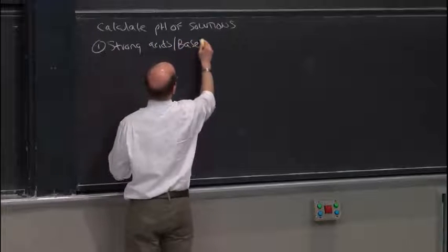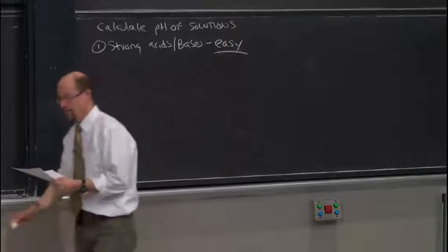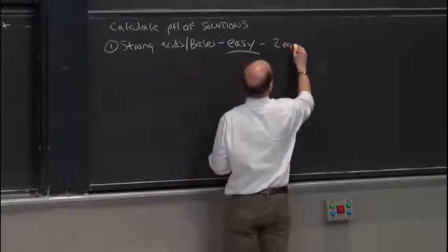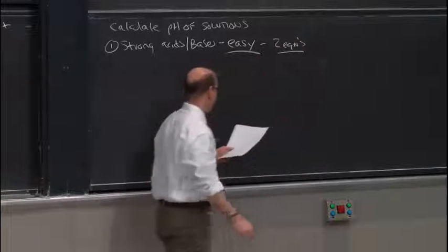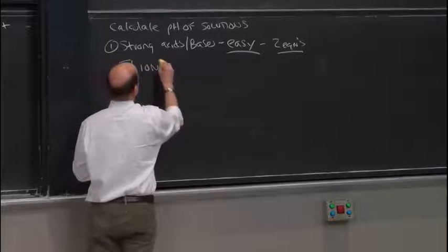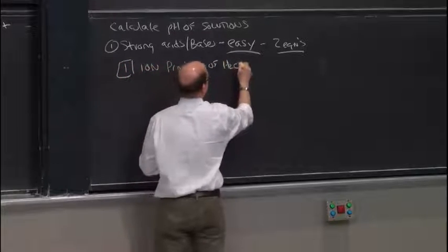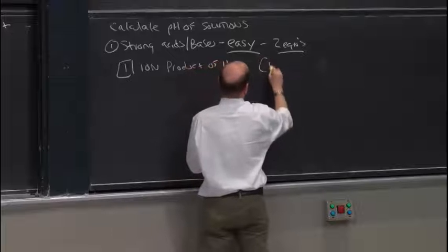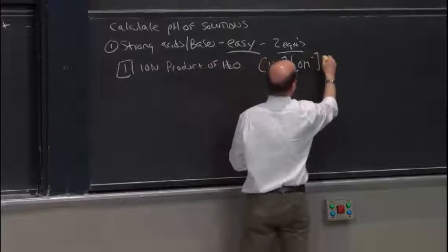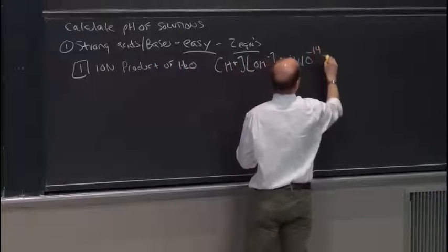For strong acids and bases, life is easy, right? It's easy because, for example, we only need two equations. One of the equations that we need is the ion product of water, which, of course, is simply that the concentration of protons times the concentration of hydroxide anions must equal 1 times 10 to the minus 14 molar squared.